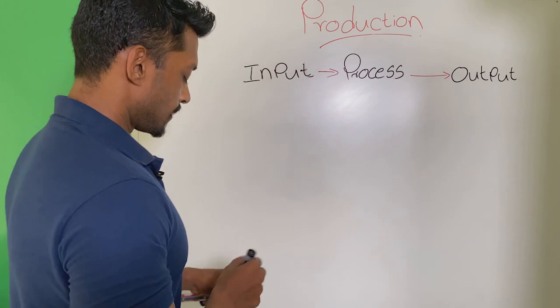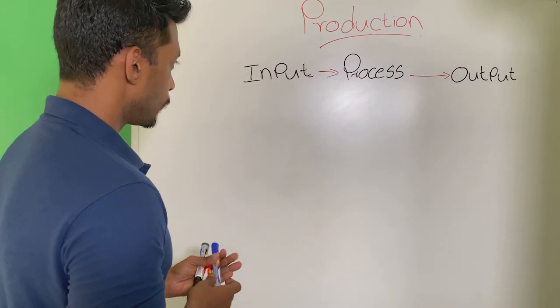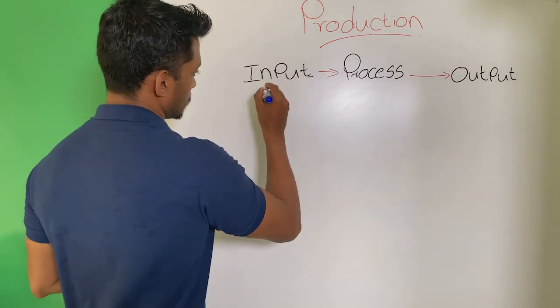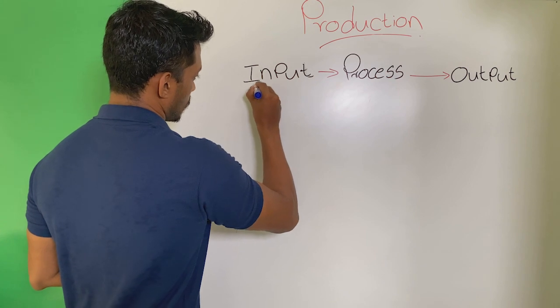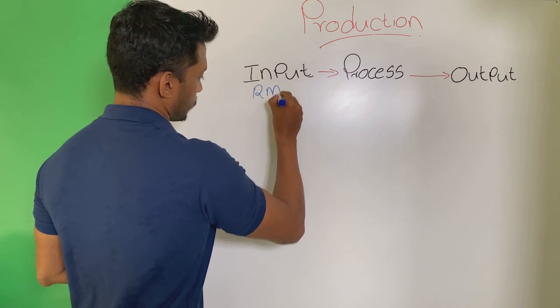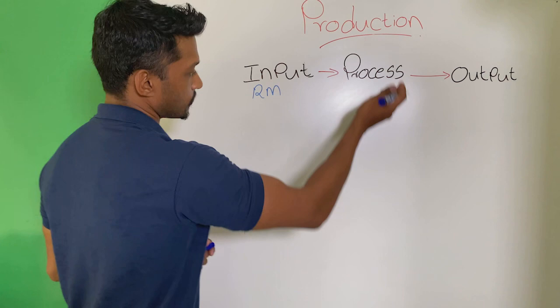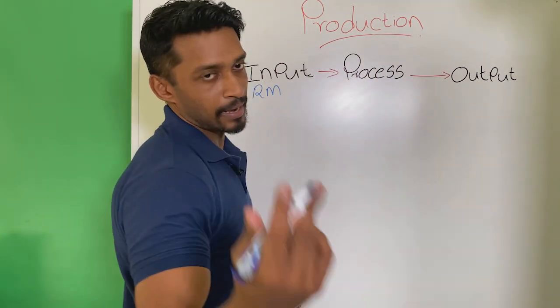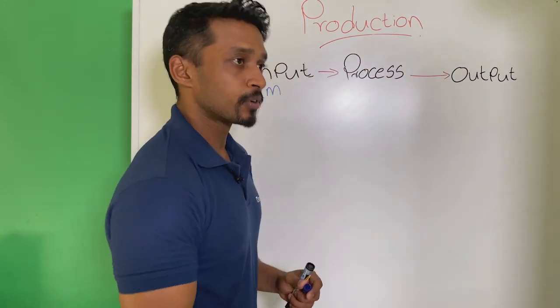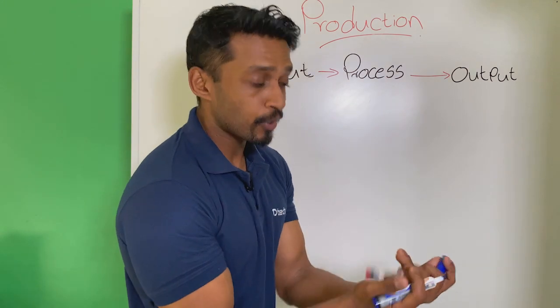In the input we can have especially RM, which means raw material. The process can be a blending process, sometimes a packing process.